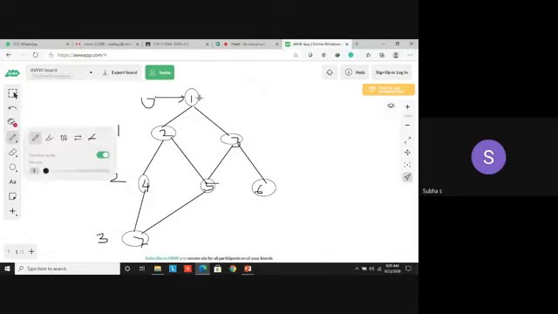Here I am starting from vertex 1. I can choose any adjacent vertex, either 2 or 3. Okay, I am going to 2. From 2, I am going to visit any one adjacent vertex of 2, either 5 or 4. Assume that I am reaching 4.